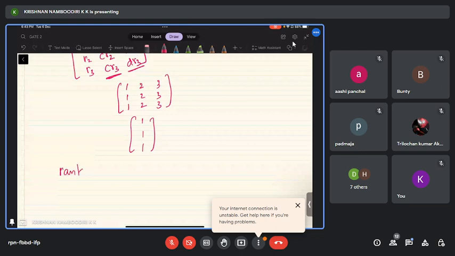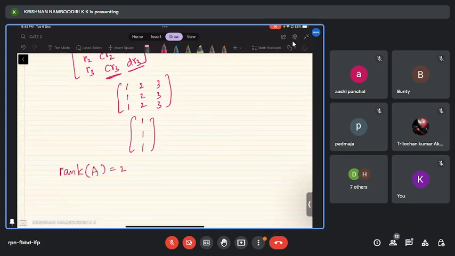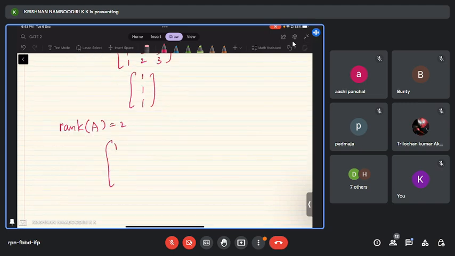Now rank of A equal to 2 means, again, say I have two columns, R1, R2, R3, and S1, S2, S3. Now the third column is, say, A times R1 plus B times S1, A times R2 plus B times S2, A times R3 plus B times S3.